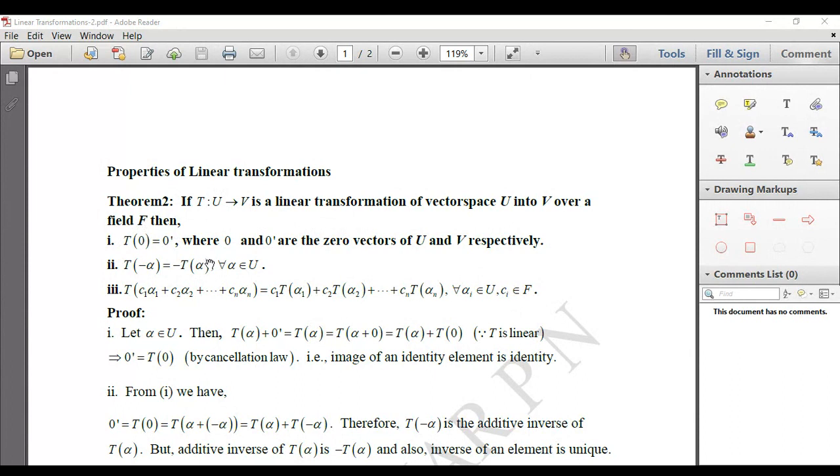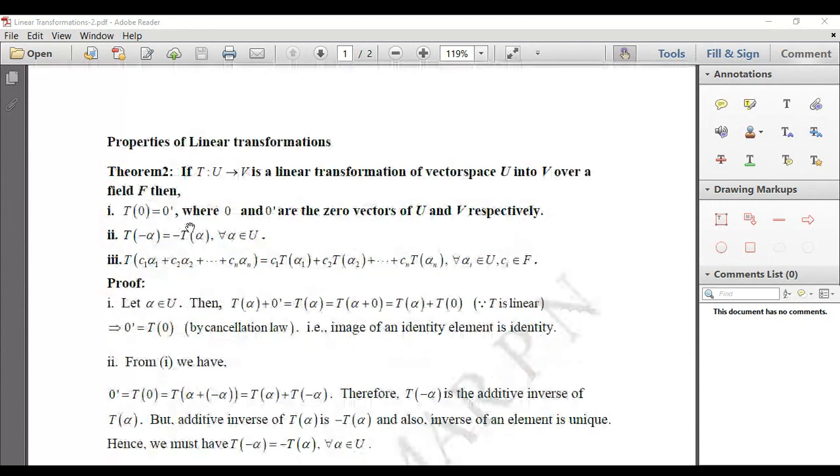Now, in continuation to that, we're going to prove theorem 2. What it says: suppose T is a mapping from U to V and is linear, then we have to show that the image of 0 under the mapping T is the 0 element of V. Remember here, 0 is the additive identity of U and 0 dash is the additive identity of V. Because U and V are vector spaces, they are abelian groups under addition.